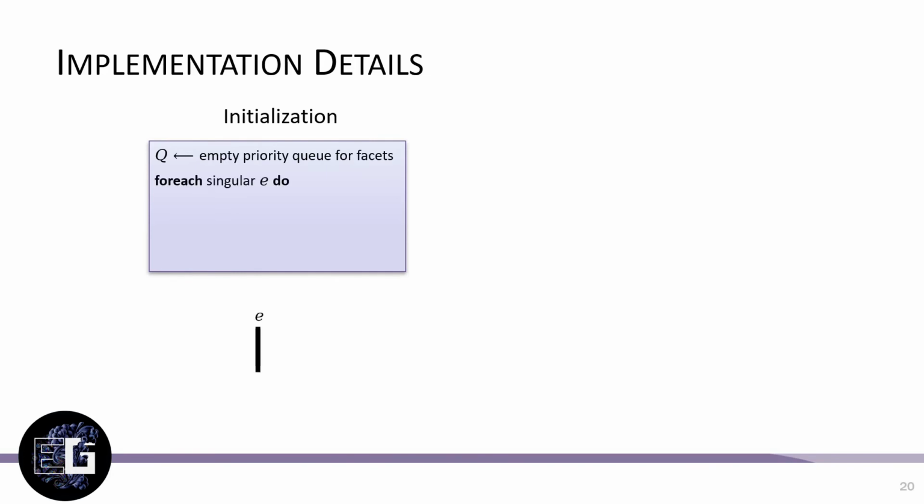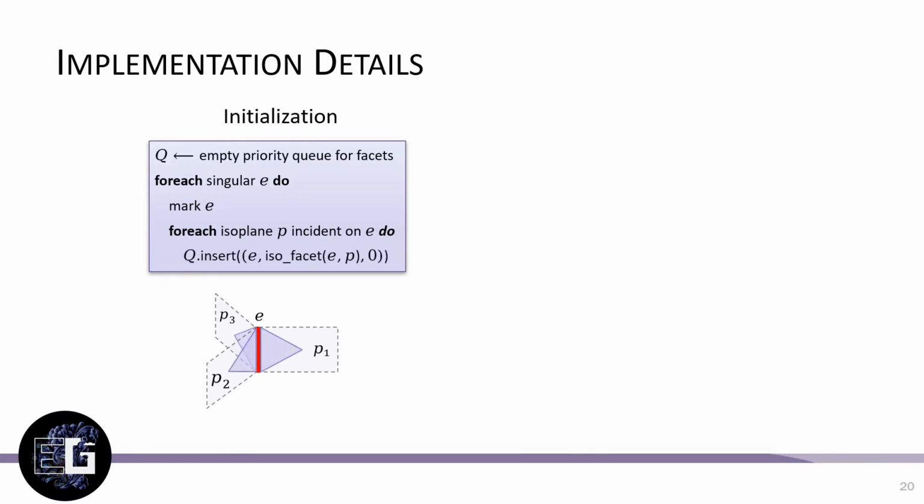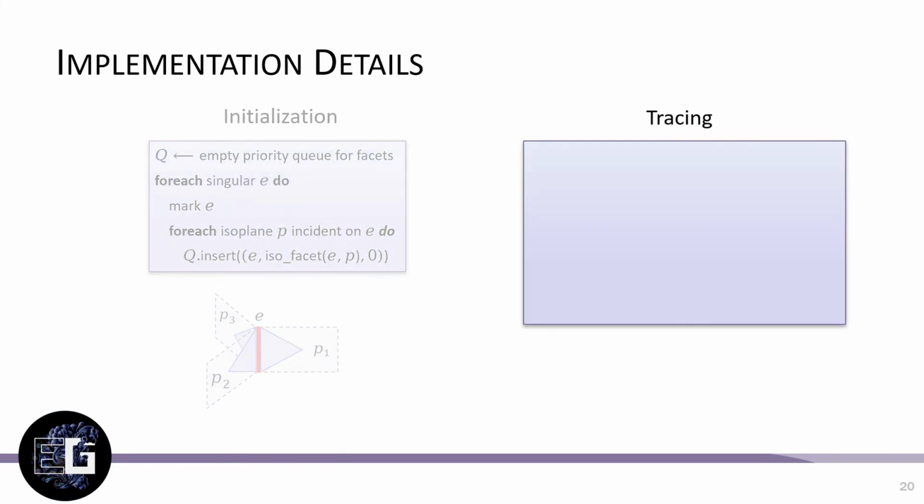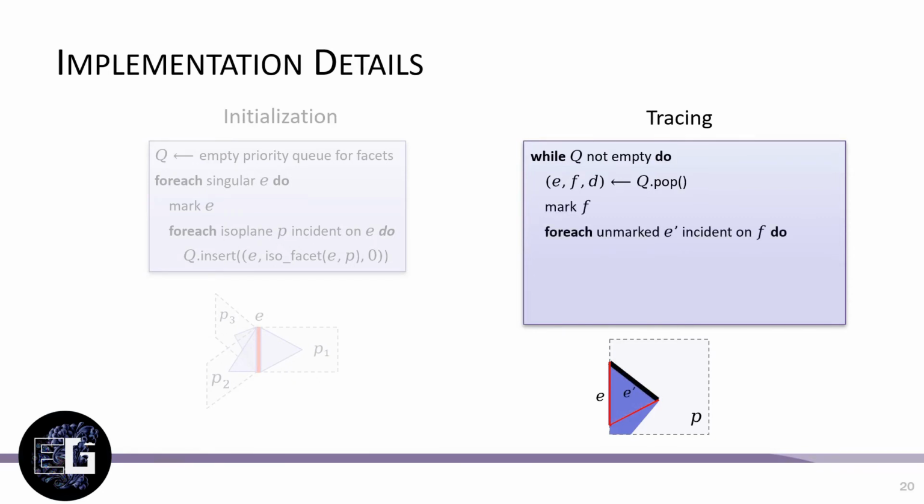We start by tagging all singular edges as blocked, then for each incident isoplane, we retrieve the corresponding mesh facet and insert it into the queue, with an initial distance of 0. For the tracing part, we repeatedly retrieve the facet with least traveled distance from the queue, mark it as blocked, and proceed to expand over all of its unblocked edges. We block those edges as well and insert the next isofacet into the queue again with priority lowered by a distance delta.